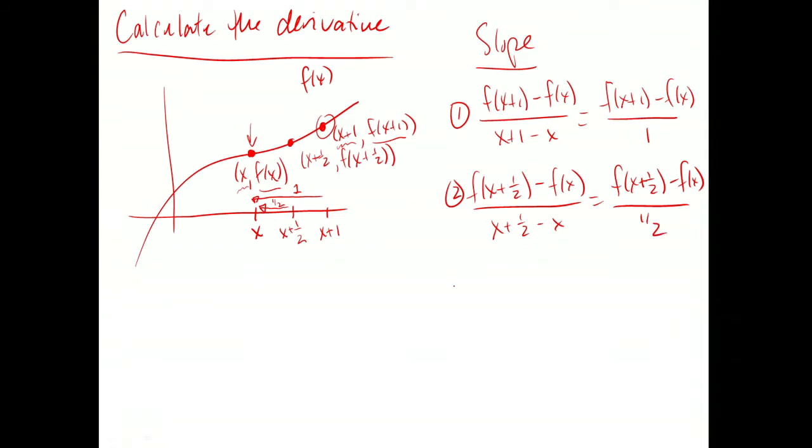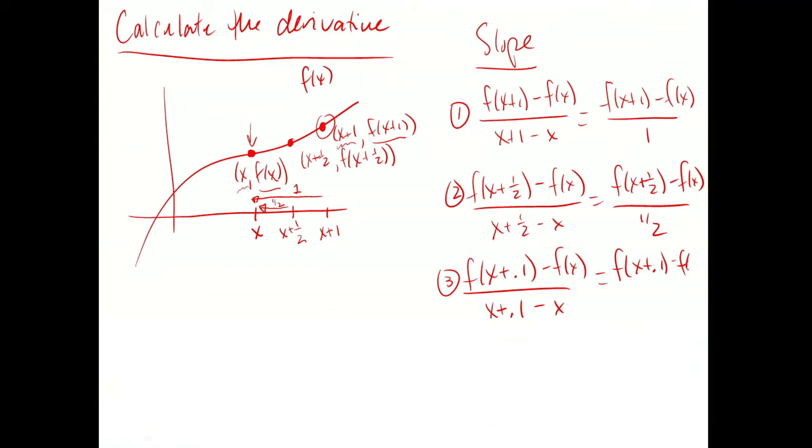Okay, and then I think we did one more, which I won't draw on our picture here, but I'll just remind us that we did 0.1 as our last guess. And we did x plus 0.1 minus x. And again, to simplify that, that's f of x plus 0.1 minus f of x over 0.1.